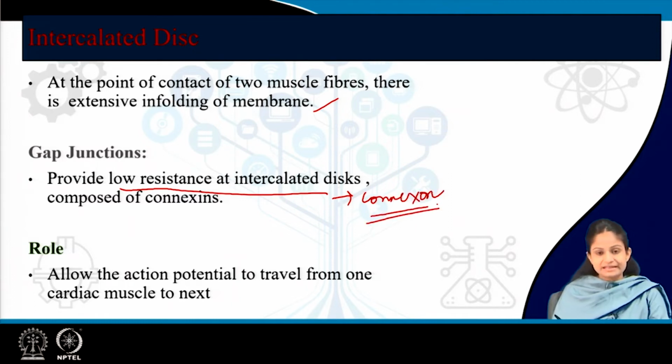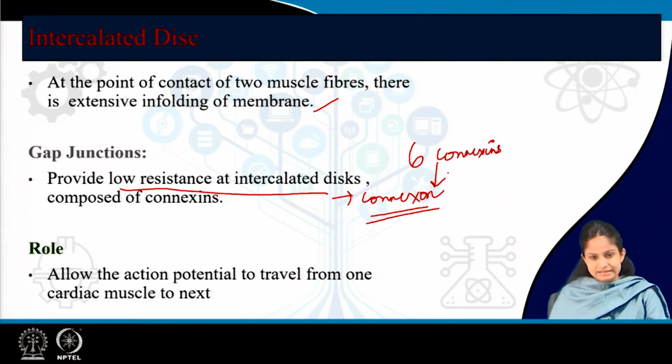Six connexins form one connexon. So, these gap junctions are mainly the electrical synapse, and the low resistance channel proteins, so that there is no barrier to the flow of the electrical impulse.